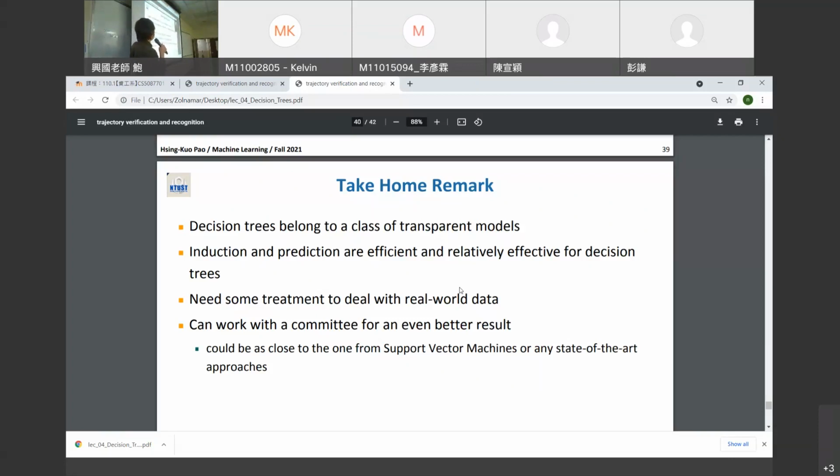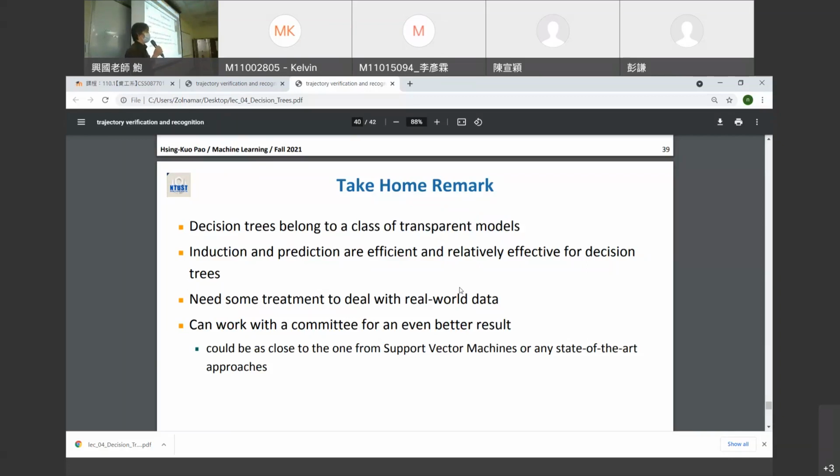And empirically, people already say that if we check the committee, meaning a set of trees, and compare it to support vector machines, which was one of the best models, they do have similar effectiveness. Okay, so that means what? That means entry is not bad at all, right?